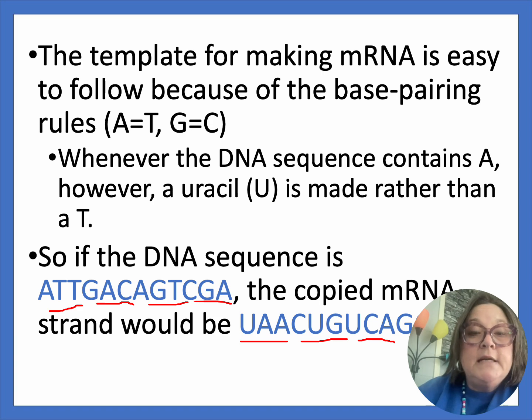But if you have C, G, A, then your C is going to go with what? A G. And then your G is going to go with what? G is going to go with C. And then your A, because it's RNA, will match up with what letter? Hope you didn't say T. It's U, right? Okay, so that would be G, C, U.